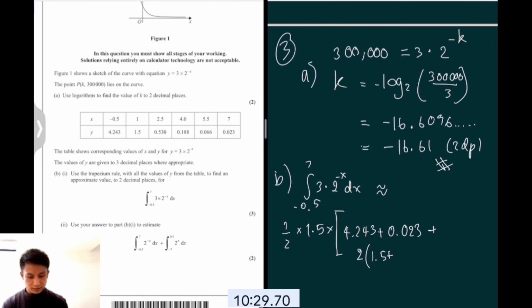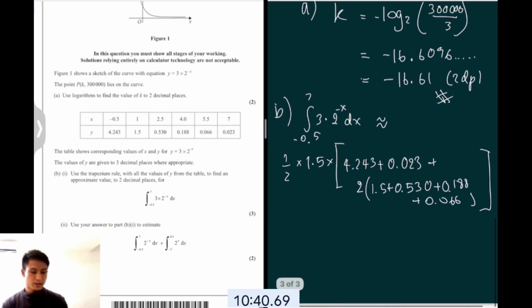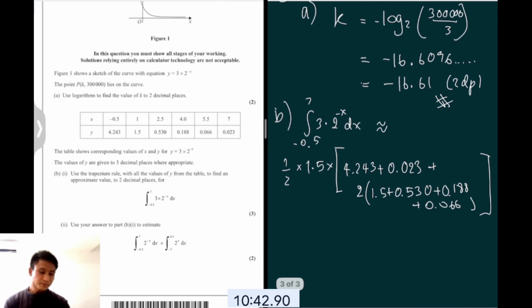So the second one, the third one 0.53, the fourth one 0.188, and the fifth one 0.066, all that. I have limited space here. And then that would be the approximation.